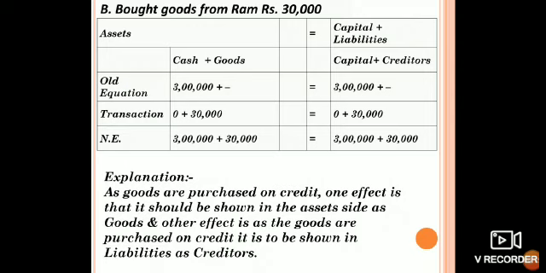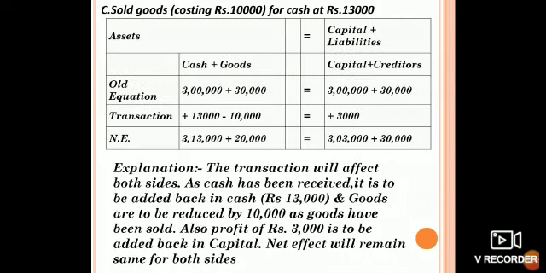So now the new equation is 3 lakh under cash and 30,000 under goods, and 3 lakh under capital and 30,000 under creditors. So both the sides now are equal. As goods are purchased on credit, one effect is that it should be shown on the asset side as goods, and the other effect is that as the goods are purchased on credit, it is to be shown in liabilities as creditors.